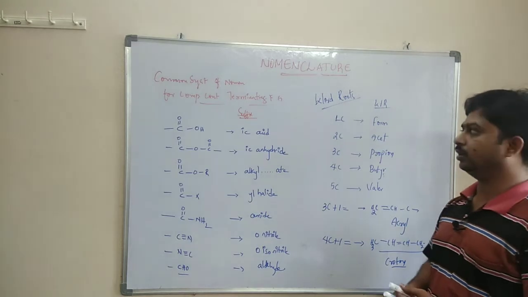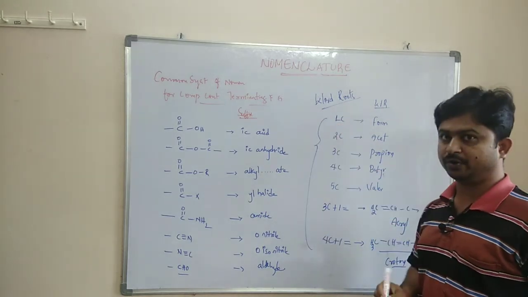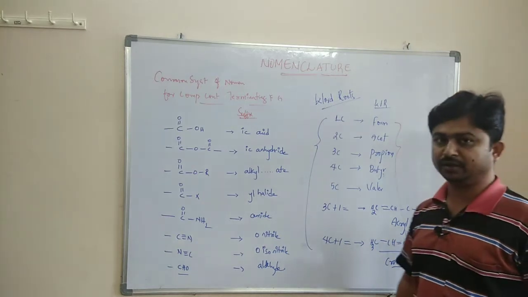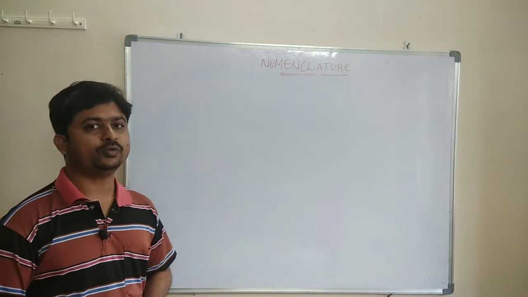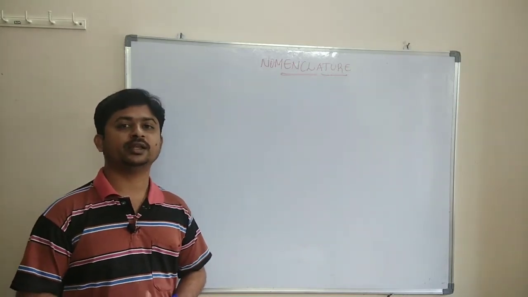So these are the numbers of carbon atoms in the hydrocarbon chain and their word roots. By this we can give the names. Now we can discuss the terminating functional groups and their compounds.